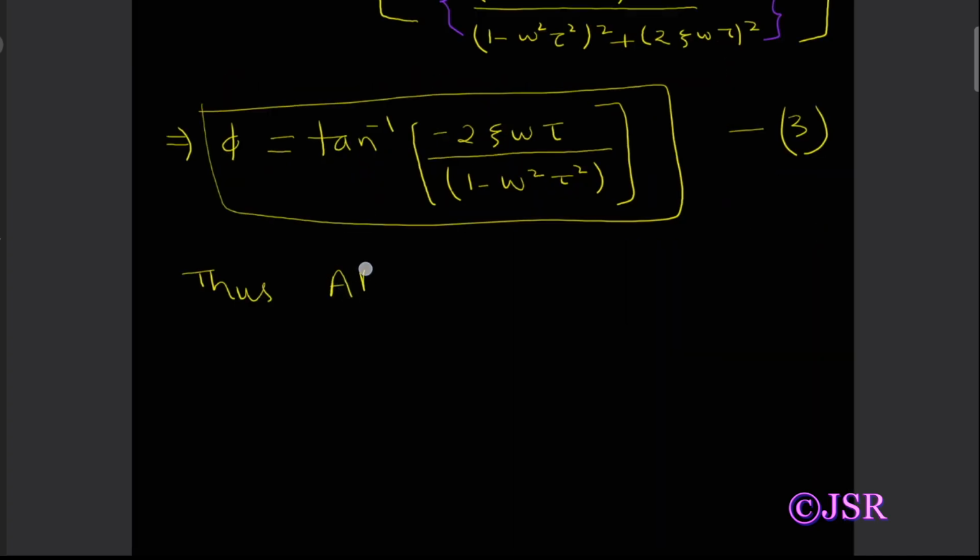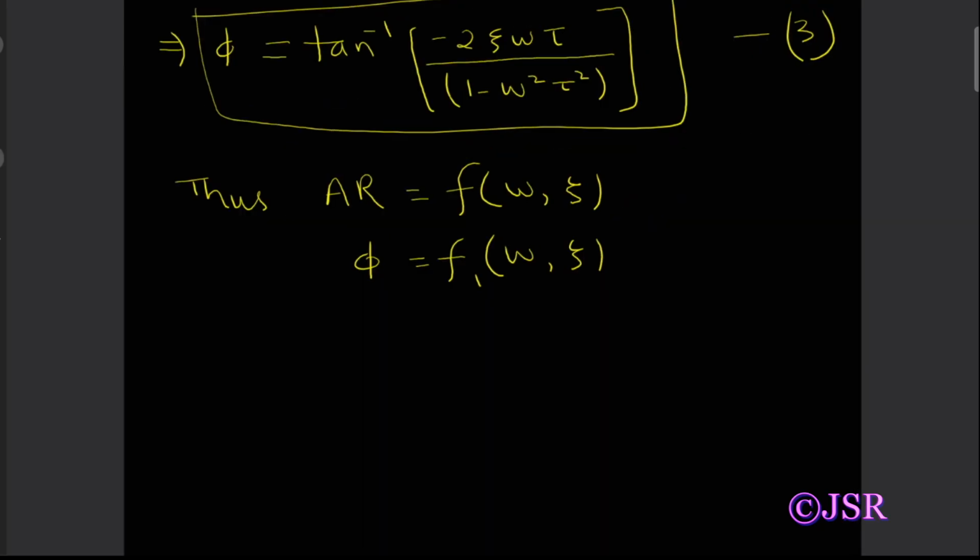Here we can say that the amplitude ratio is a function of omega as well as zeta, and this phi is also a function of omega and zeta.